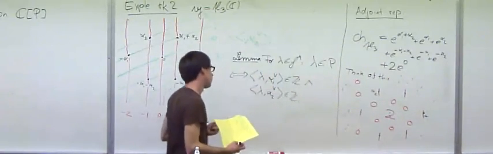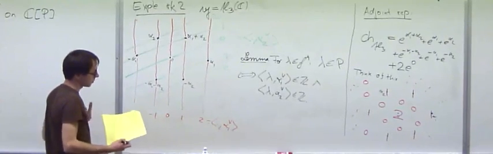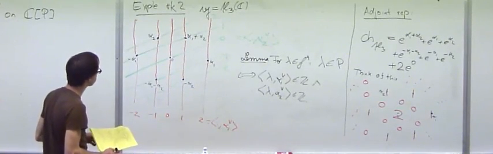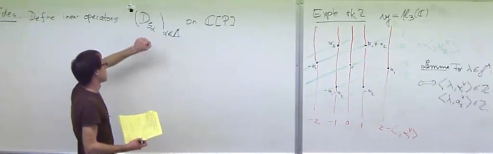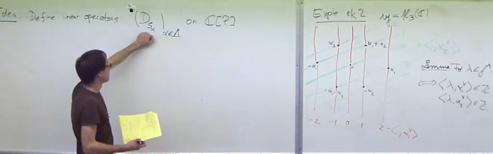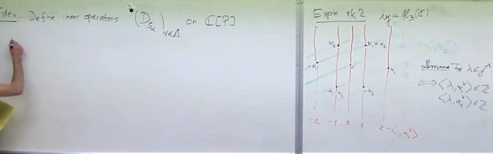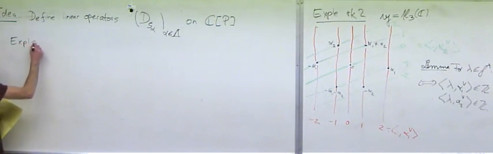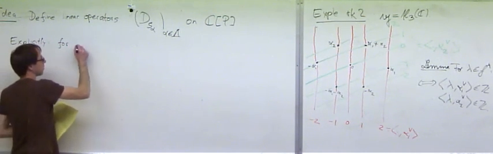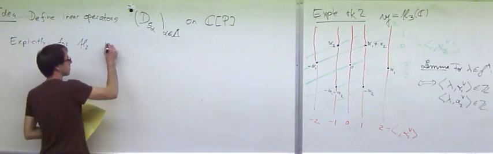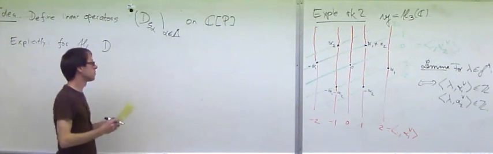Or I prefer to think of it in terms of these infinite vectors. So explicitly, for SL2 there is just one simple root.